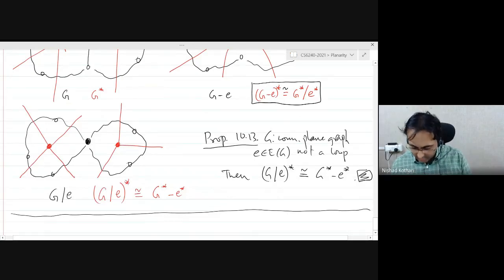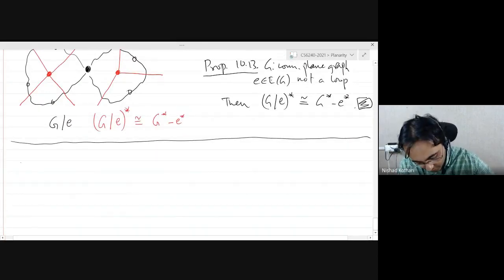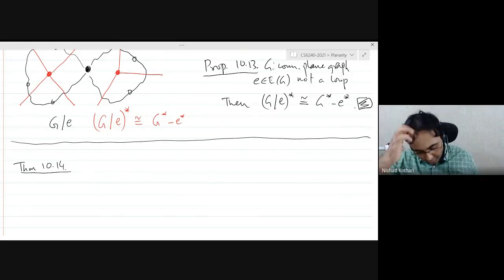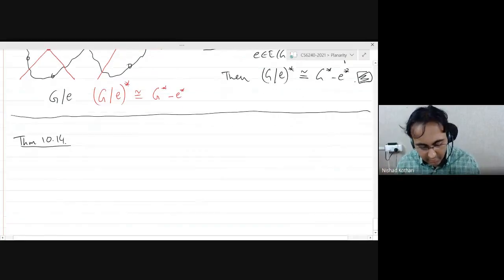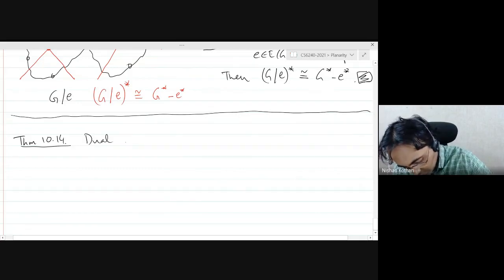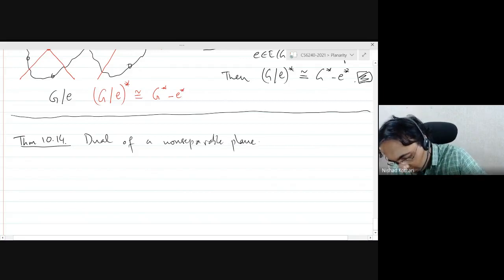All right, and there is a theorem that can be proved using these propositions, which I am planning to put on assignment 3, because it relies on other statements that we did not prove in previous parts of the course. So this will be an opportunity to revisit some of those concepts and connect everything with planarity. The dual of a non-separable plane graph is non-separable.